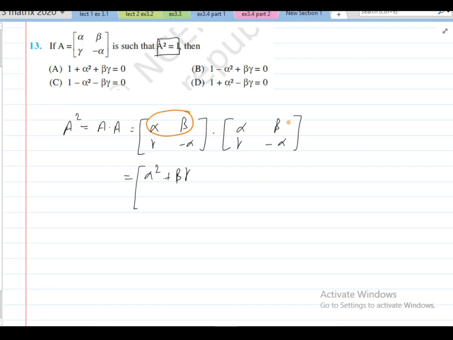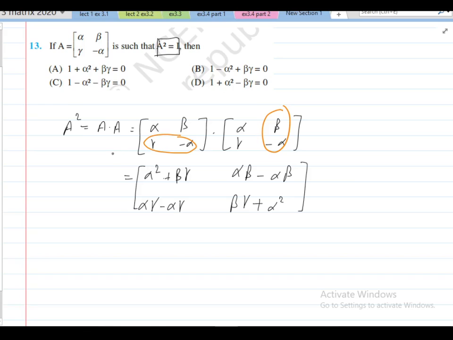Then first row and second column. Alpha beta minus alpha beta, so 0. Now second row, first column. Alpha gamma minus alpha gamma. Finally, second row, second column. Beta gamma plus alpha square.